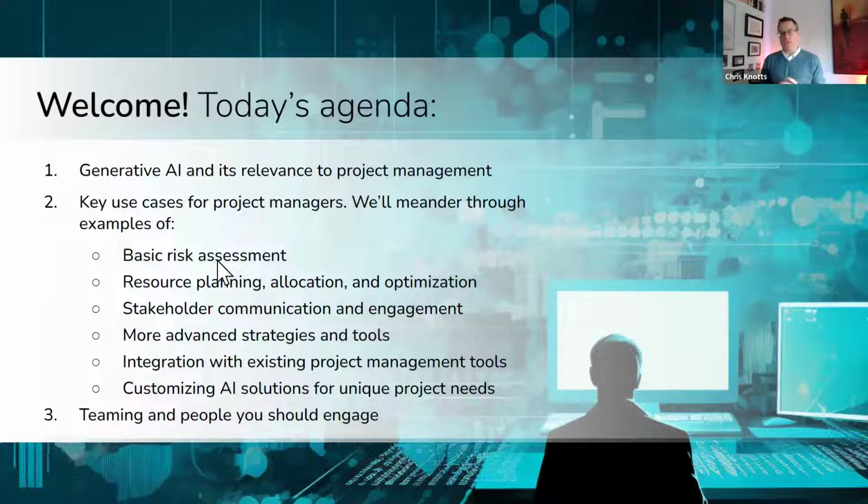We'll touch a little bit towards the end on some advanced generative AI strategies, which takes a different tack for the project manager. We'll talk about some tools, and then we'll talk about some project management customization. But rather than just spelling it out one, two, three around particular use cases, we want to touch on these use cases while demonstrating some of the generative AI capabilities.